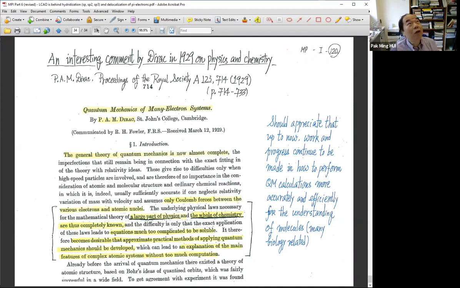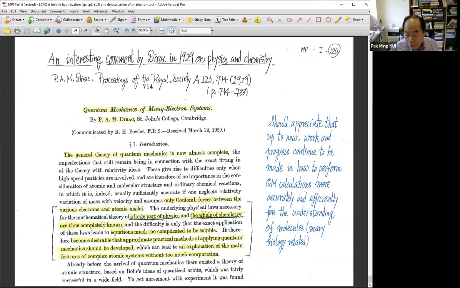Down to earth thing. Do you know that Dirac's first degree is an engineering degree? And after that, he did a PhD in Cambridge in theoretical physics. And about these problems, atoms, molecules, and chemical reaction problems, he said it is indeed usually sufficiently accurate if one neglects relativity, the variation of mass with velocity, and it's sufficient to assume only Coulomb forces between the electrons and atomic nuclei are important.